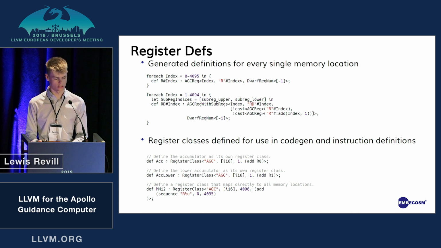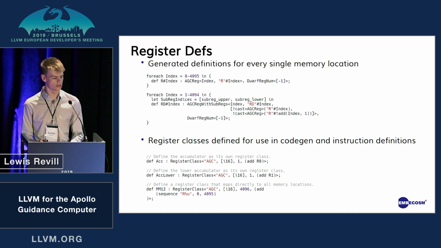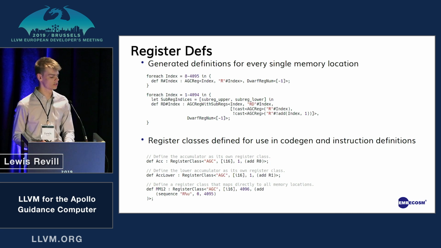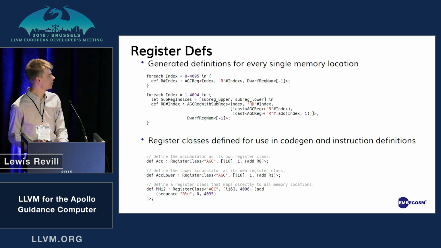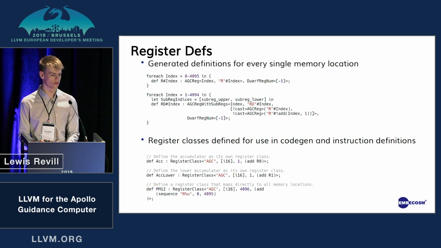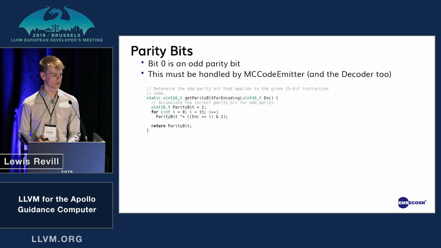And I also had to generate double memory locations, which were the combination of 2 adjacent registers or memory locations. I used register classes to generate something for the entire memory space to use in CodeGen, and also single register classes to use in instruction definitions.